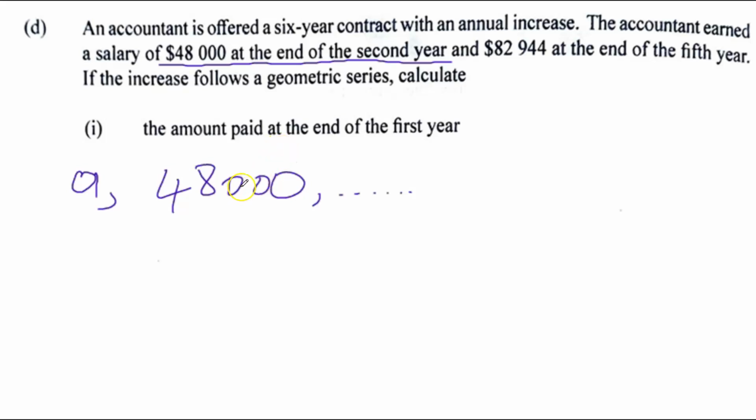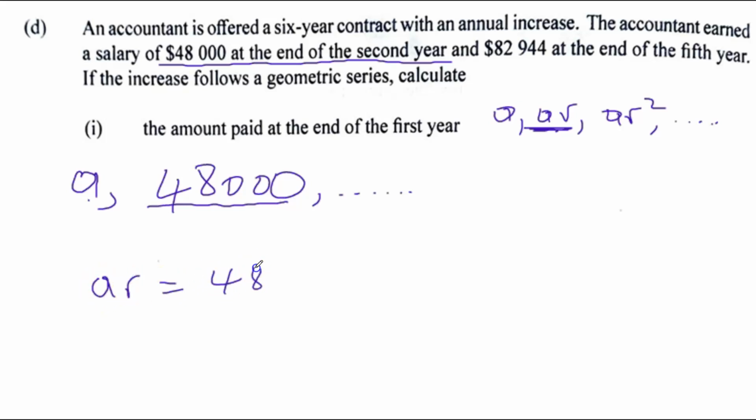And for the geometric series, we know that the first term is A, the second term is AR, the third term is AR square, and so on. So the second term is AR, and we are told the second term is 48,000. So we can pair these. So AR is equal to 48,000, where R is the common ratio, of course.